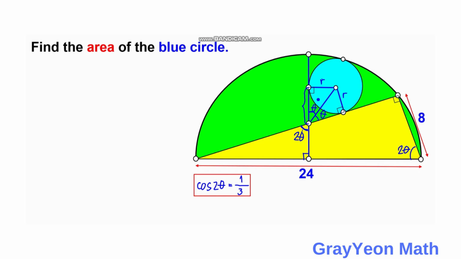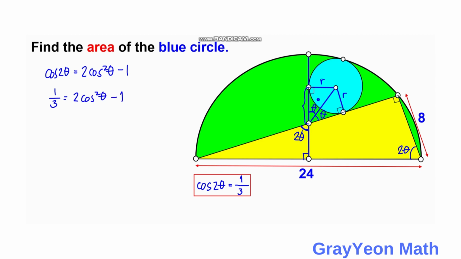We have cosine 2 theta as 1/3, and cosine 2 theta is equal to 2 cosine squared theta minus 1. So we can get the value of cosine theta from this formula. So cosine 2 theta, 1/3, is equal to 2 times cosine squared theta minus 1.